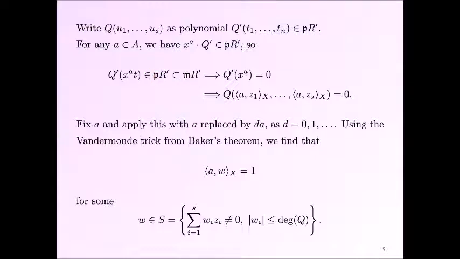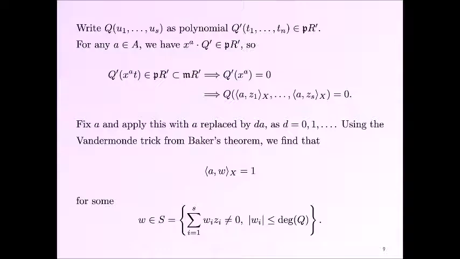It was some prime ideal contained in the maximal ideal corresponding to the point 1, 1, 1, 1, 1, which means that if I plug in 1, 1, 1, 1, 1, I get 0. That's what the maximal ideal corresponding to that point is. It's the set of polynomials that vanish at that point. So q prime of x to the a times 1, 1, 1, 1 is 0, which is to say that q prime of x to the a is 0.